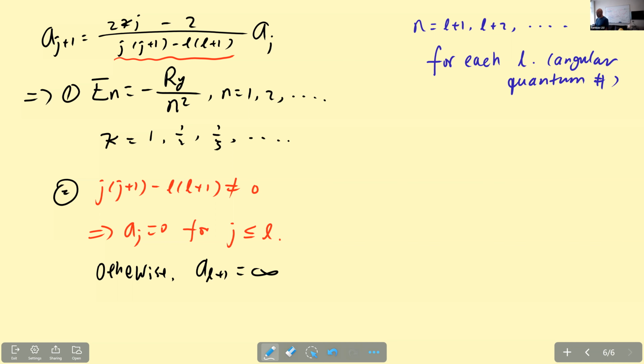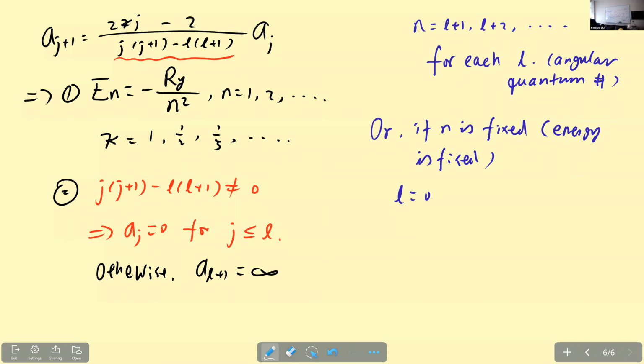But of course, if M is fixed, that means the energy is fixed. Then L will just equal 0, 1, and so on until M minus 1, right? So this is why we have this limitation on the angular momentum.